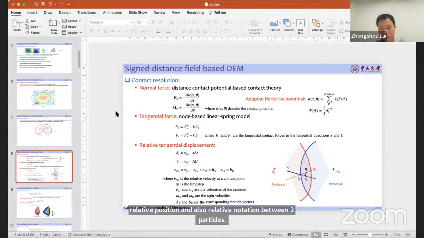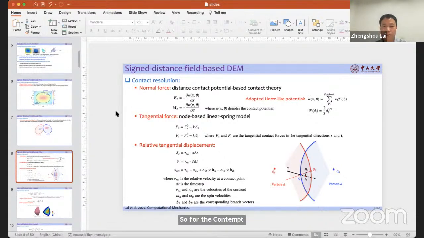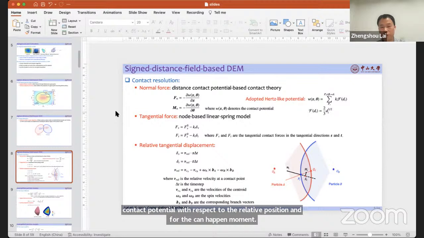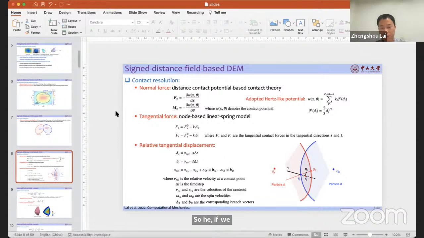So the contact force will be the derivative of the contact potential with respect to the relative position. And the contact moment will be the derivative of the contact potential with respect to the rotation. So if we have calculated the contact force, the contact normal direction will be the unit vector of the contact force. The contact normal direction is evaluated in this manner.